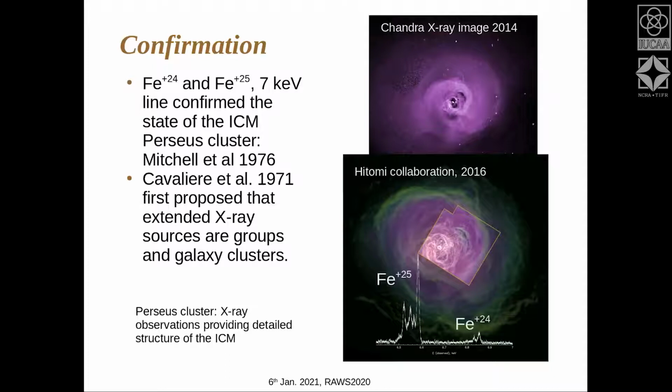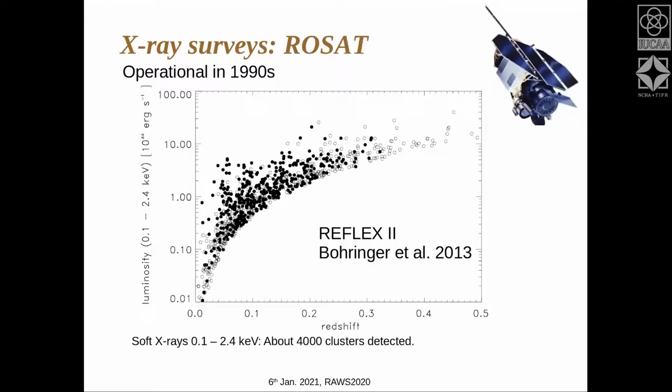There has been the ROSAT mission, which took a picture of the whole sky in X-rays, and that was the mission which resulted in the detection of many thousands of galaxy clusters in X-ray bands. That really paved the way for studying galaxy clusters statistically.